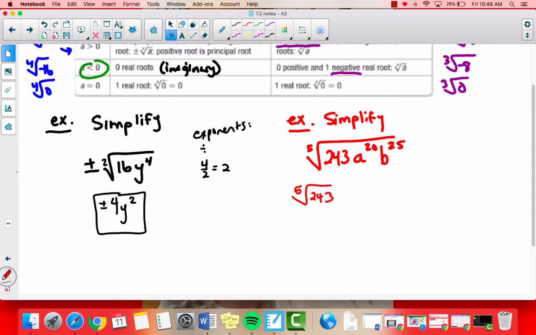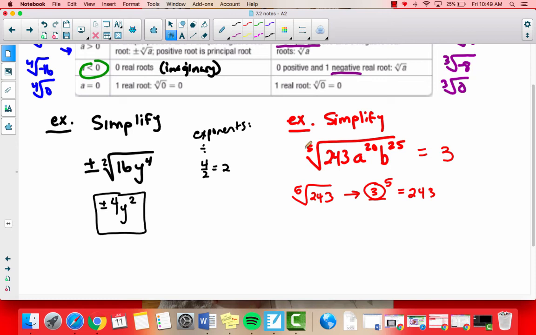Now, if you don't know the fifth root of 243 off the top of your head, what you can do is rewrite this as what to the fifth gets us 243. And then if you need to go to your calculator, you can. And you could go through and test. 2 to the fifth gets us 32. 3 to the fifth would get us 243. So the answer is 3.